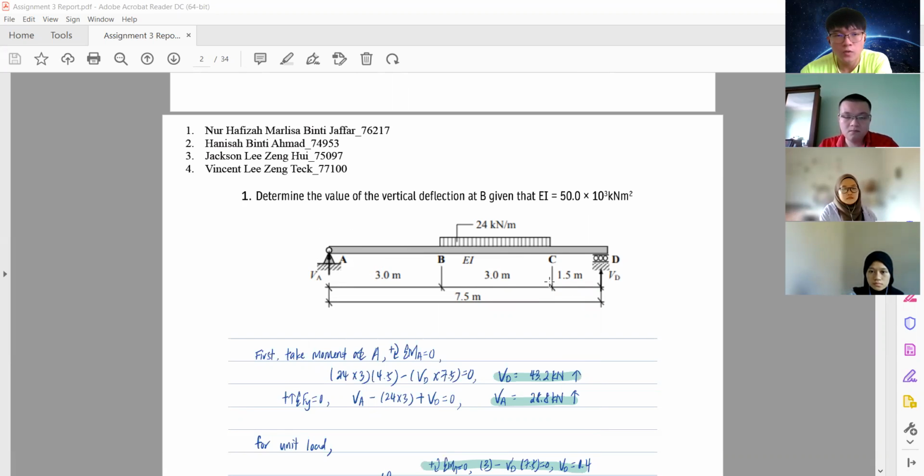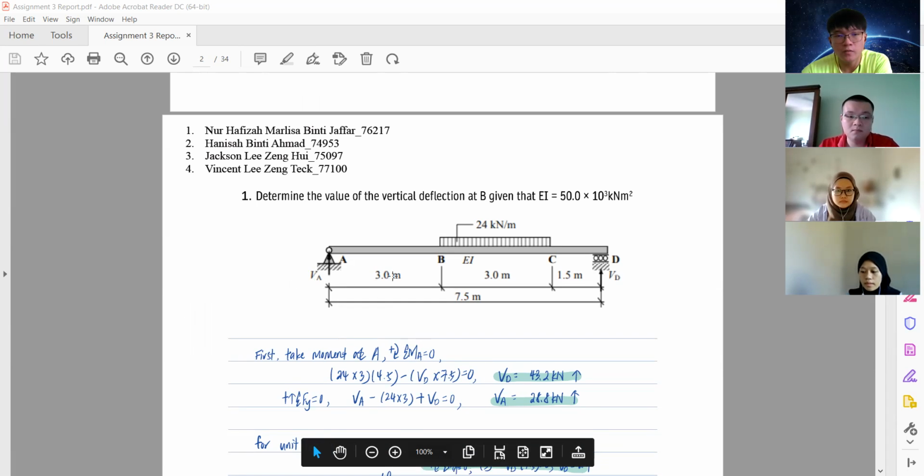For question 1, firstly we take moment about A, and with that we can get the vertical reaction at D. After that, we use summation Fy equal to 0, and we get VA, the vertical reaction at A, which is 28.8 kN in the upward direction.